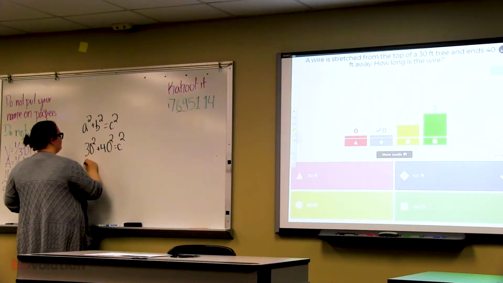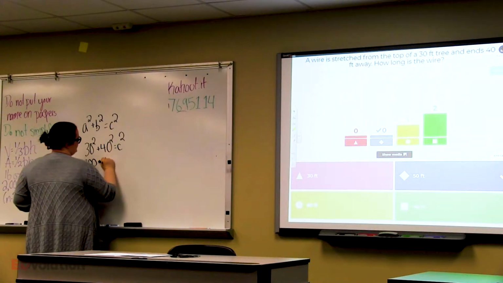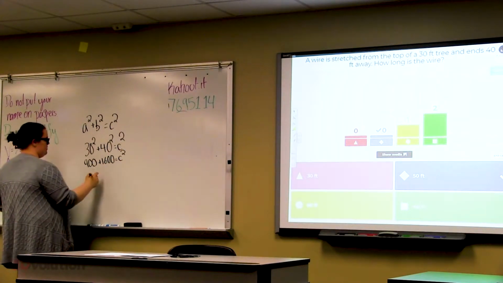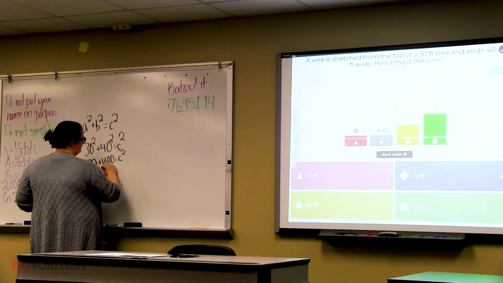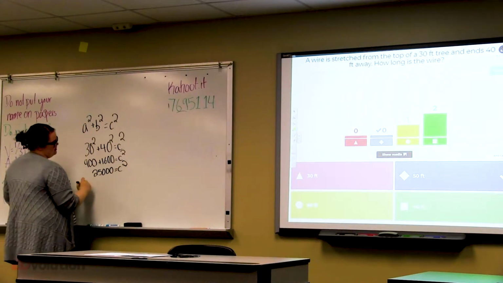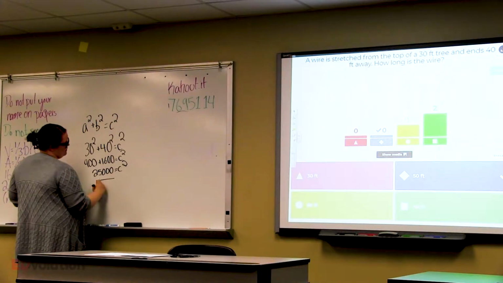This would be 900 plus 1600 equals c squared. That would be 2500 equals c squared. And then take the square root of both sides.